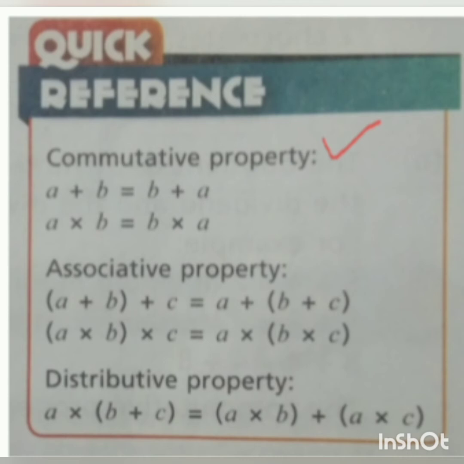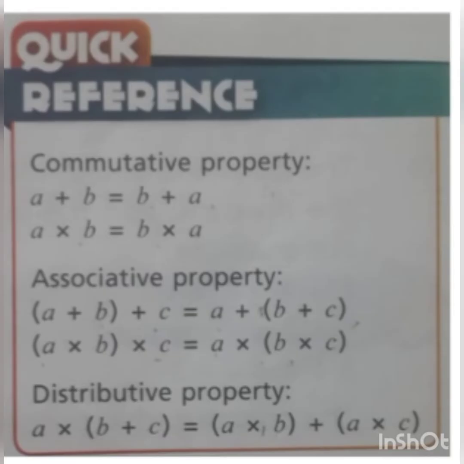It means that by changing the positions of the real numbers, the answer would not change. For associative property, a plus b plus c is equal to a plus b plus c with different grouping, and for multiplication, a multiplied by b multiplied by c is likewise equal with different grouping. In both cases, the grouping is different but the answers are the same.